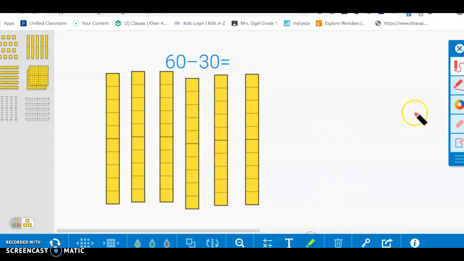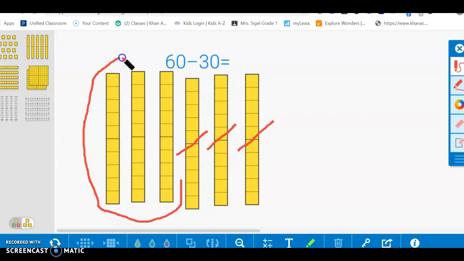So I'm going to cross those 30 off. All right, so I'm going to say 10, 20, 30. And I have 3 tens or 30 left. 60 minus 30 is 30.